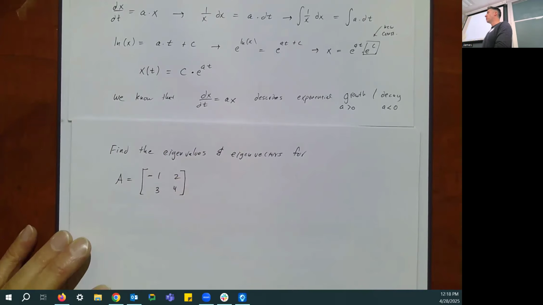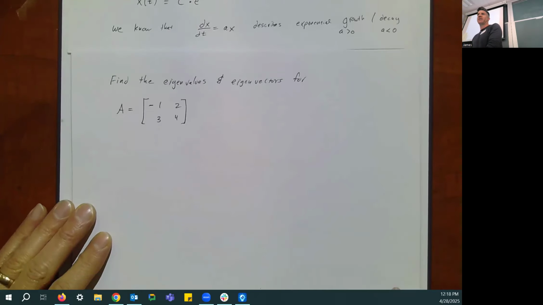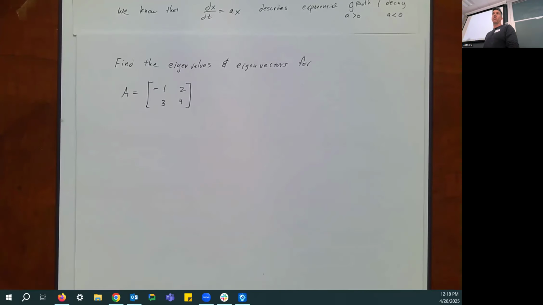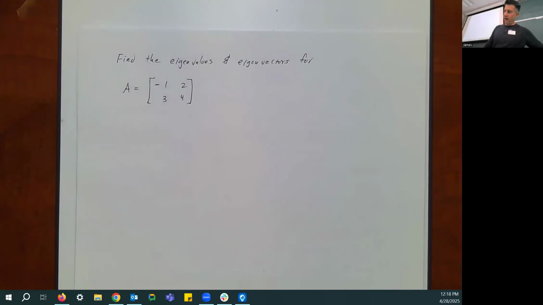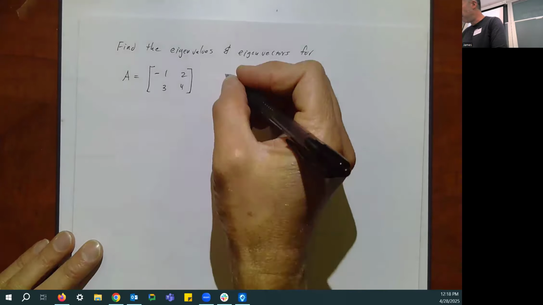This is something that you will want to be fairly fast at doing. You're going to do this quite a few times in the coming weeks. So you want to be good at finding the eigenvalues quickly and then finding the eigenvectors without too much more effort. Here's what I think is the most efficient way of doing it.